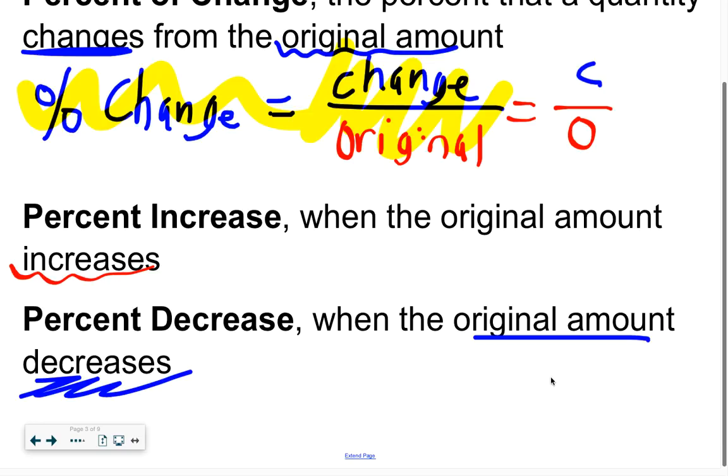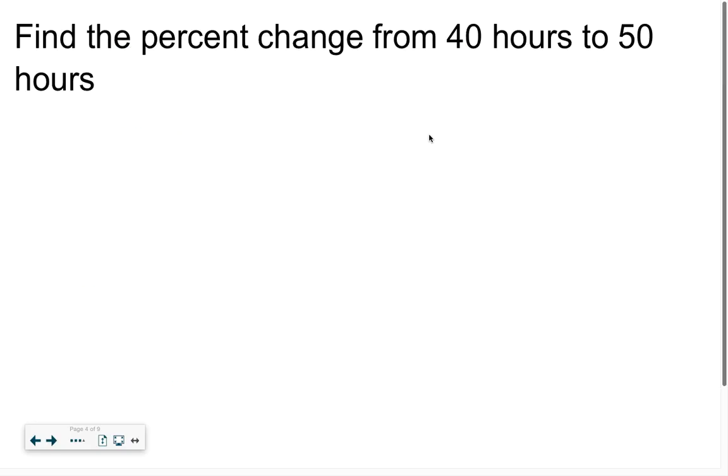Now, if they ask you to describe the change, that's what we're looking for. This phrase increase or the phrase decrease. Otherwise, every time it says, what's the percent change, we're going to go back up here and we're going to use this formula again. So every time we're going to write that on out. No matter how they ask it, you're going to find it.